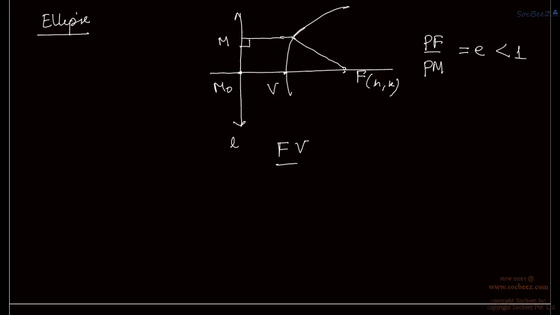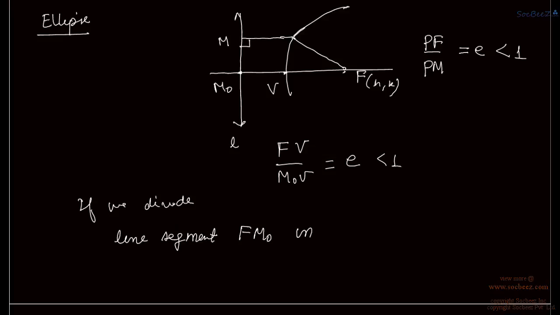So if VS upon M0V is equal to e, where e is less than 1, so if we divide the line segment SM0 in ratio e is to 1, we can divide it in ratio e is to 1 internally as well as externally.